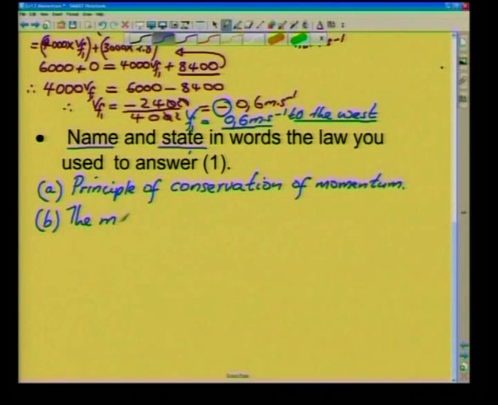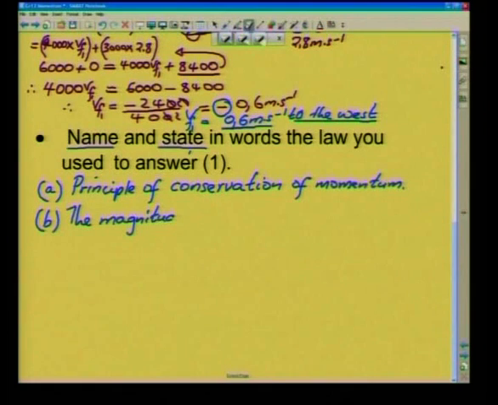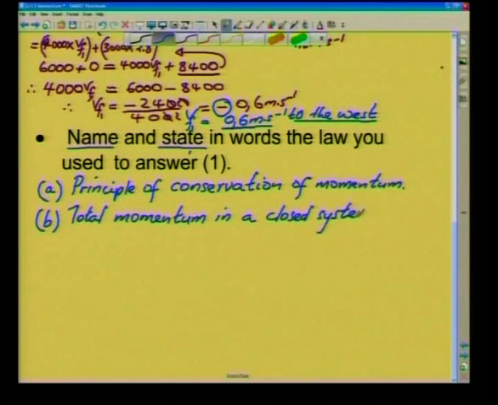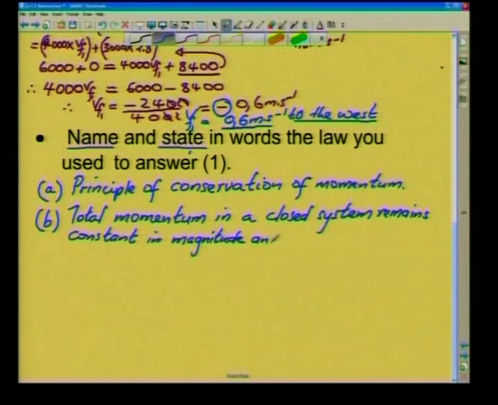Let me just state it in this way. Total momentum in a closed system remains constant in both magnitude and direction.